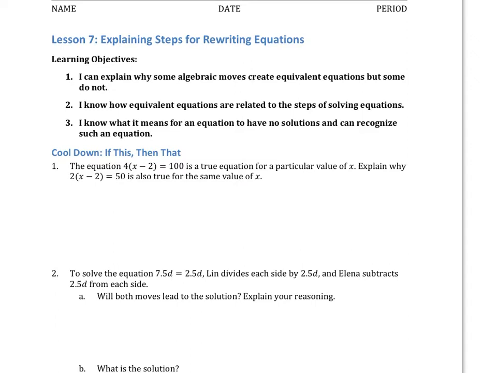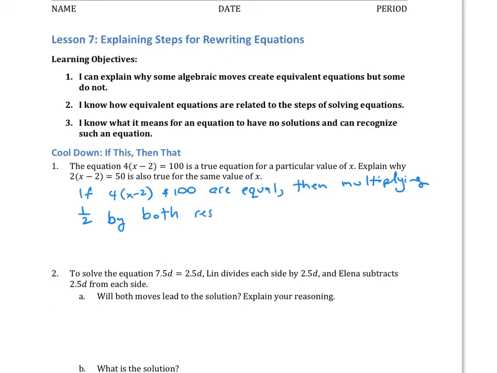So in this case, if 4 times x minus 2 and 100 are equal, then multiplying one half by both results in an equivalent equation, 2 times x minus 2 equals 50.